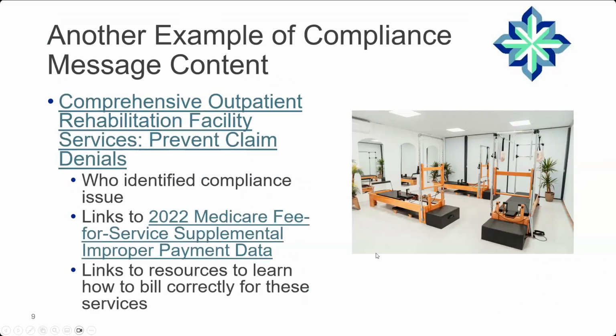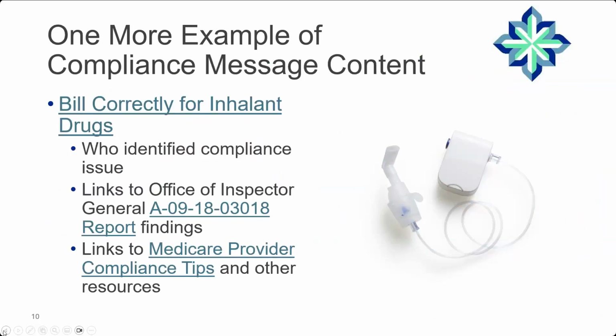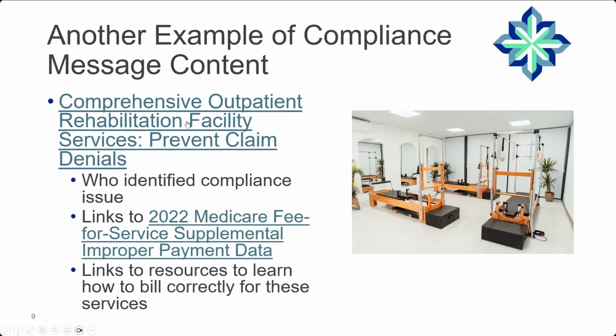Let's take a look at another compliance message, or the content of one. I apologize, I scrolled too fast there. This one is titled Comprehensive Outpatient Rehabilitation Facility Services Prevent Claim Denials. Let's go ahead and open that.